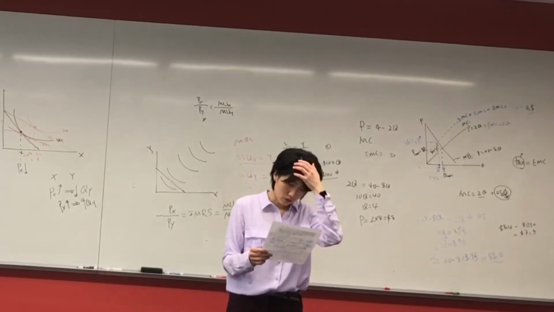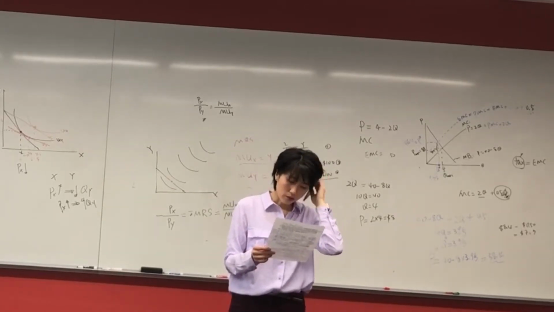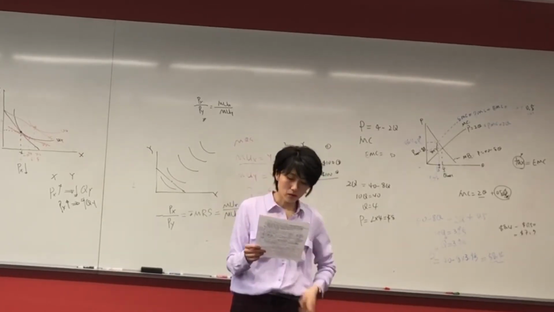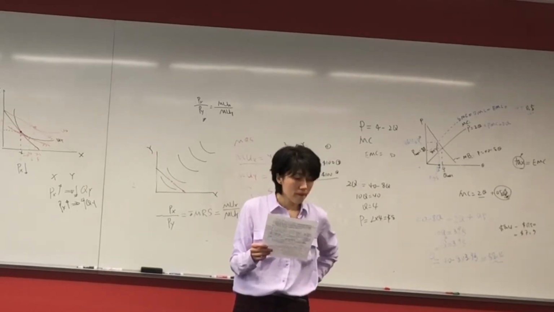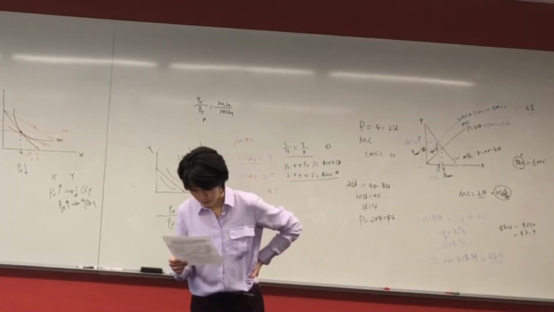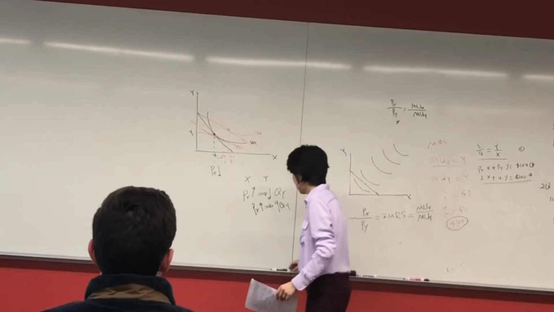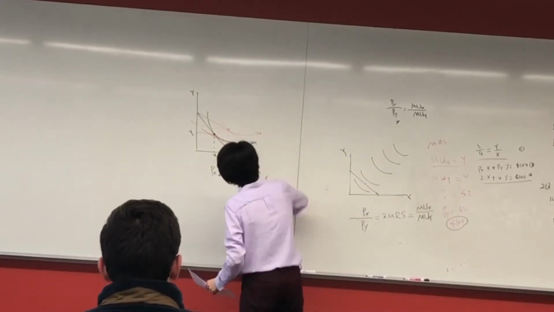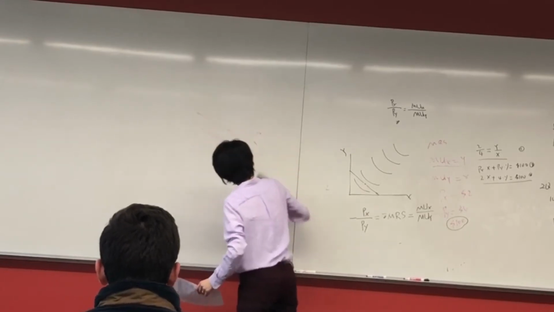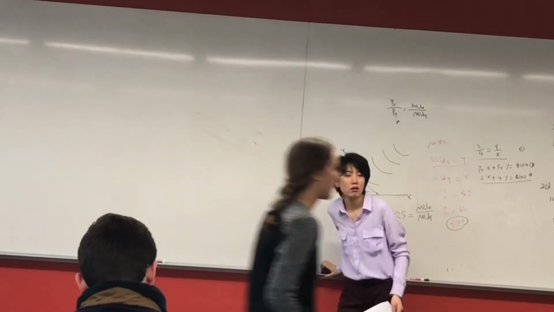Okay. Chapter 6, two questions. First one, the firm's constrained minimization problem. Constrained by what?